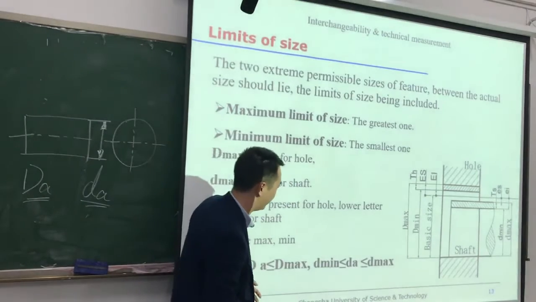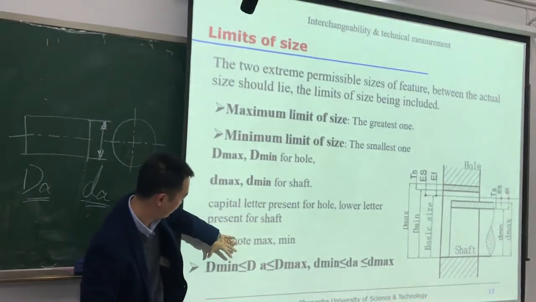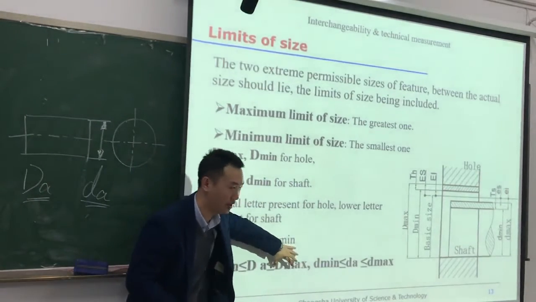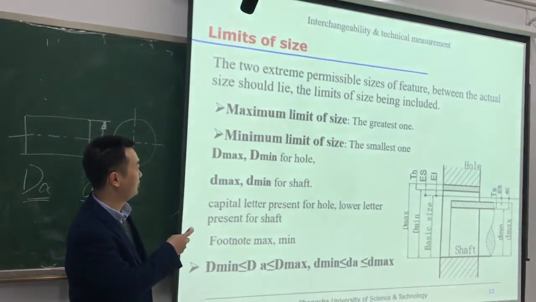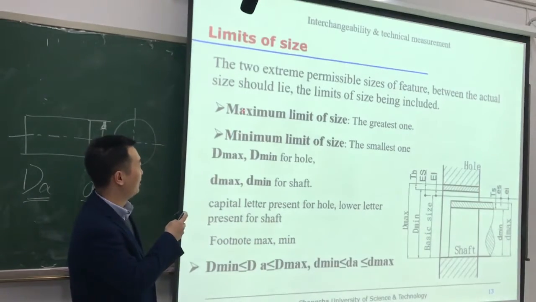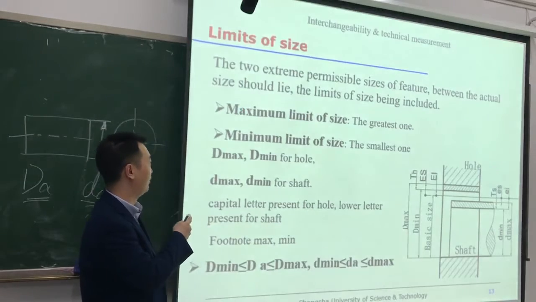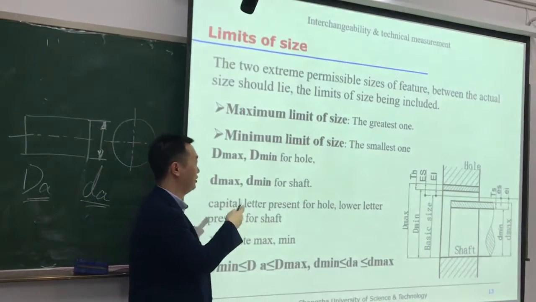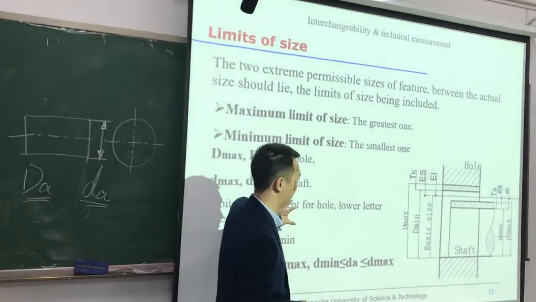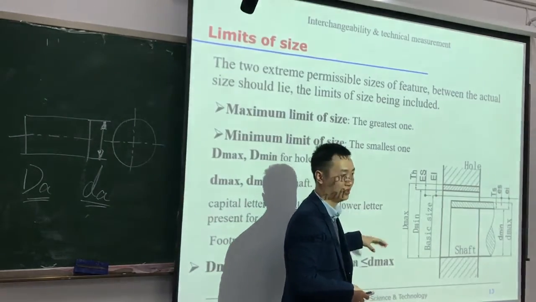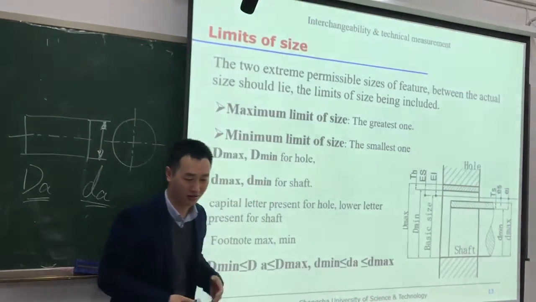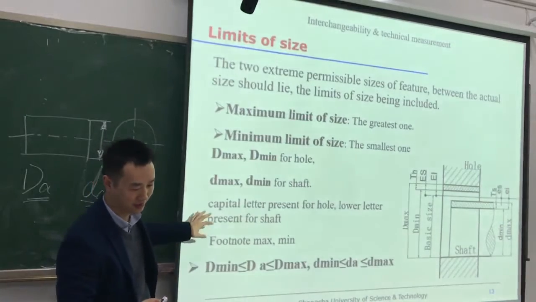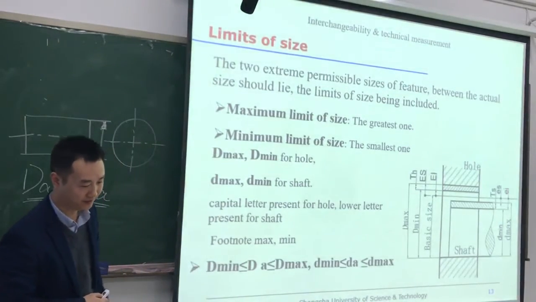If the actual size is in the range of the two limits, from the minimum limit to the maximum limit, we say okay, it fits our quality and it can be used. That's the limit of the size.